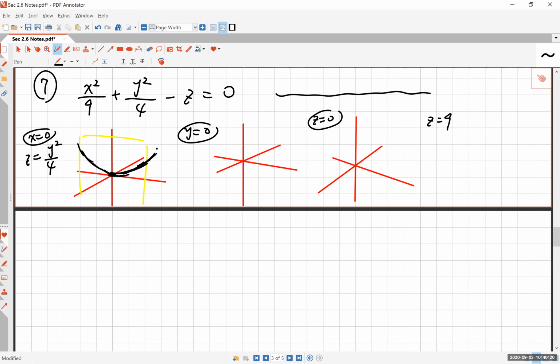If y is equal to 0, similarly, z will be x squared over 9. This time, my canvas or the mural, the wall that I'm drawing this on, is where y is equal to 0. That yellow sheet of paper or canvas. And when I say canvas, I don't mean that course management system we use.